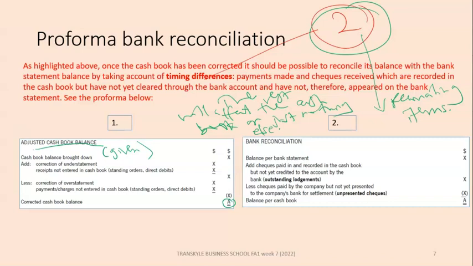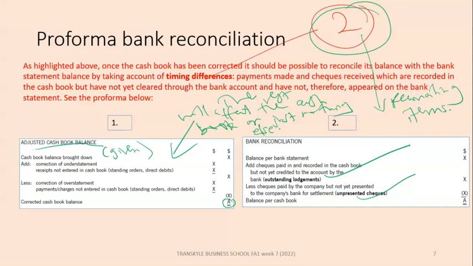So in your bank reconciliation, just worry about two things: this one and this one. Outstanding lodgements or unpresented checks. Those are the two reconciling items. So take everything else to the cash book. Just adjust the cash book.